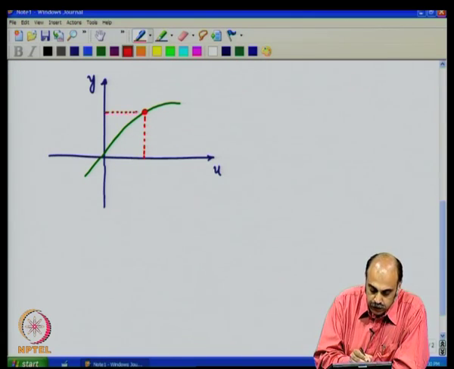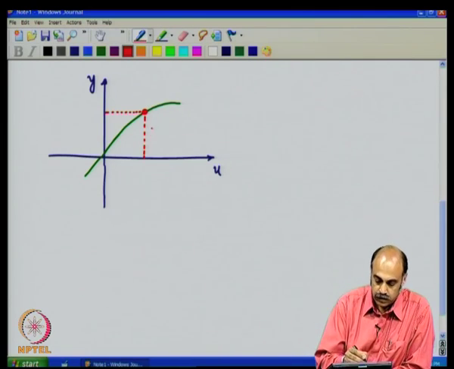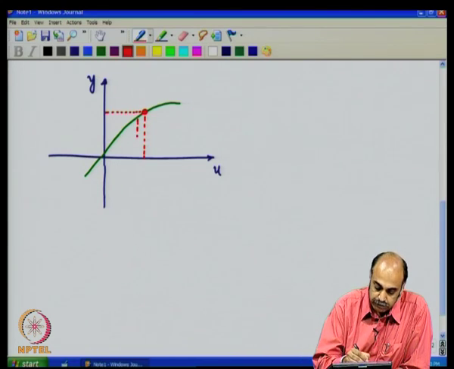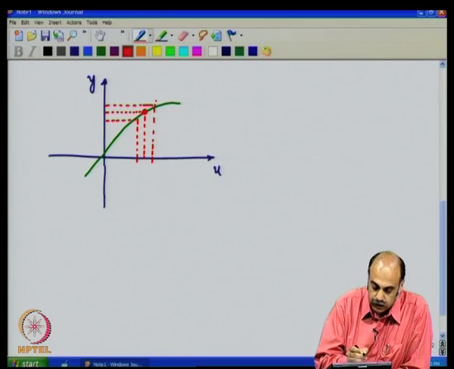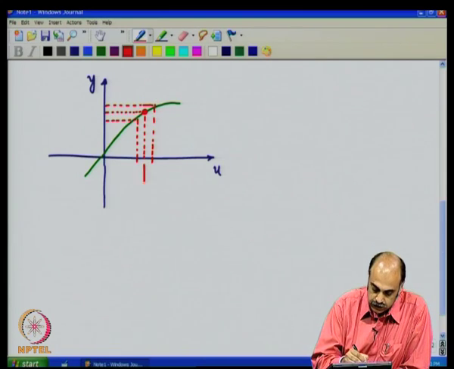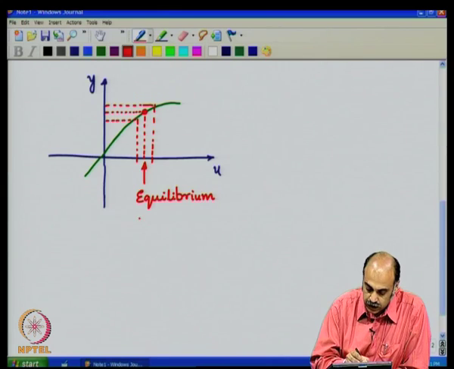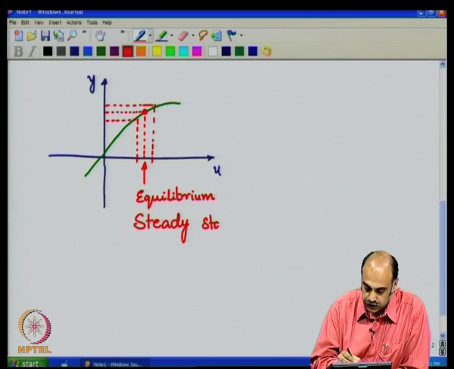And this operating point is the nominal position of the u variable and the y variable, input and the output variable, and it could have a variation about the operating point in the neighborhood of the equilibrium state. Now, this is our equilibrium state, or in other words, steady state.